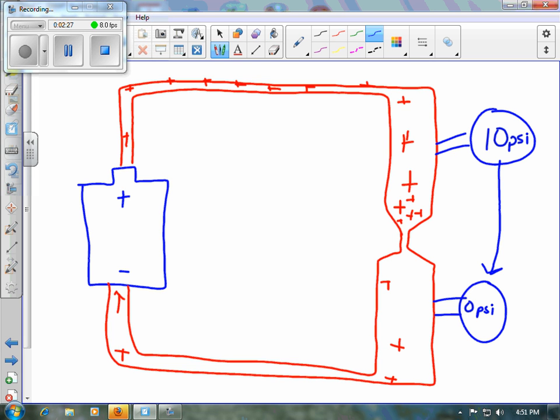No. We're lucky they're not 120 volts. 12. 12 volts. Right. 12 volt battery. So the voltage drop, if you measure it from here to here, is going to be 12 volts. All right. And that's the equivalent of pressure in a moving fluid.